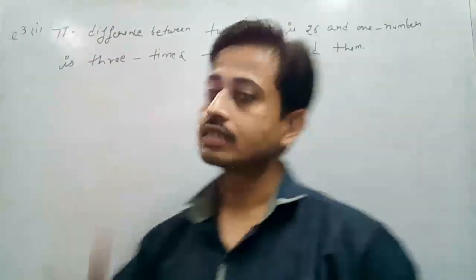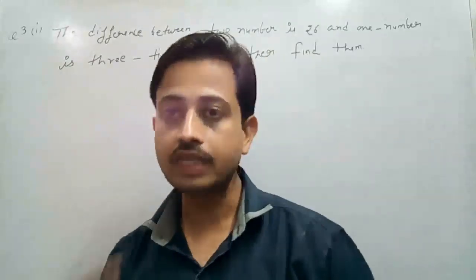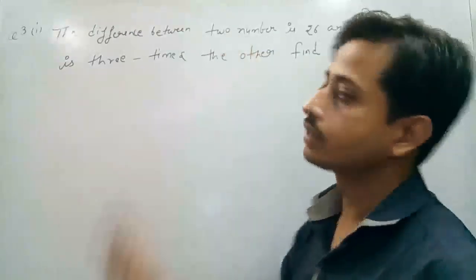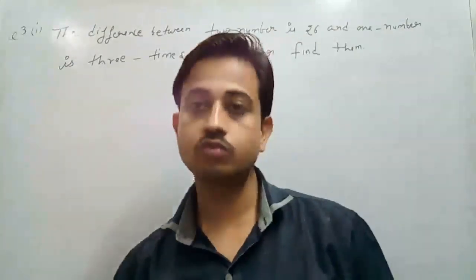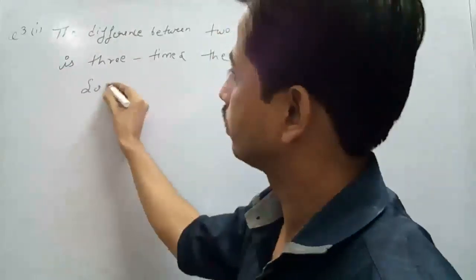Now question number 3, part 1. What does the question say? Please read the statement. The difference between the two numbers is 26. It means we have two numbers. I am going to solve it.